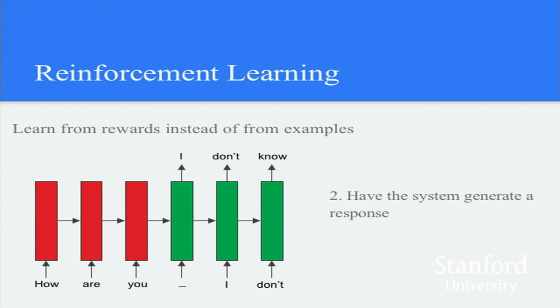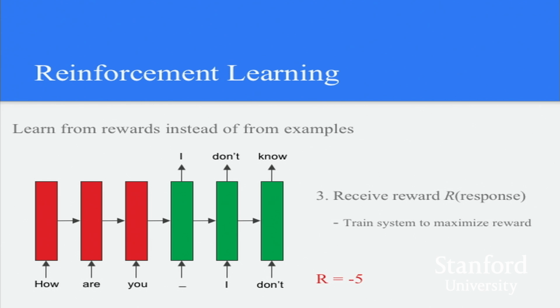But now instead of passing in a response that a human said and trying to increase its probability according to the model, we're going to just leave the model to its own devices and have it produce a response, and then give it a reward signal which tells it, did it do a good job with the response or not, which is that scoring function I mentioned earlier. So here it's negative because "I don't know" is a bad response. And through reinforcement learning, the model will learn to not produce these poor quality responses.